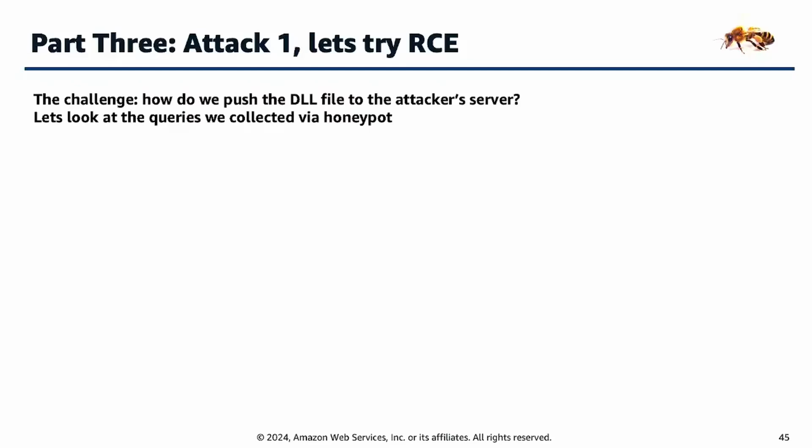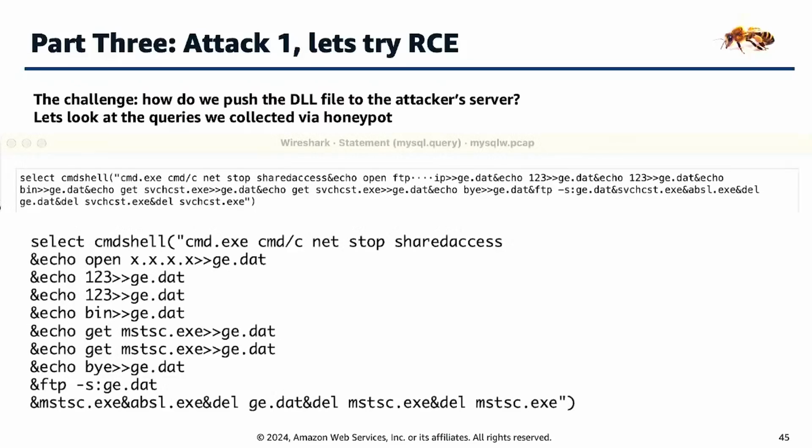But first of all, we started looking at the queries that those bad actors are sending to the server. And we quickly realized this is what they're doing. This is part of the attack. They try to upload their payload, and they're using an FTP server.